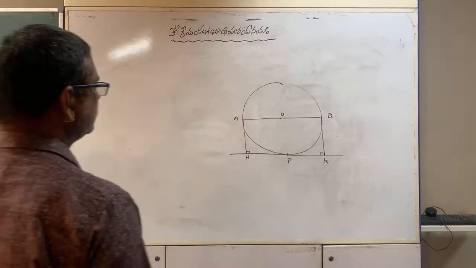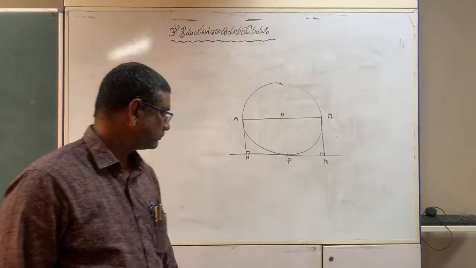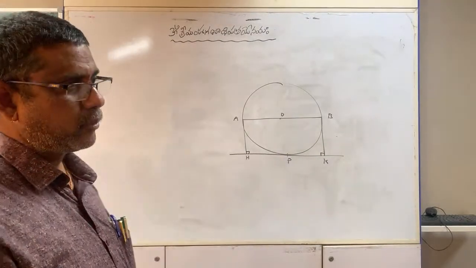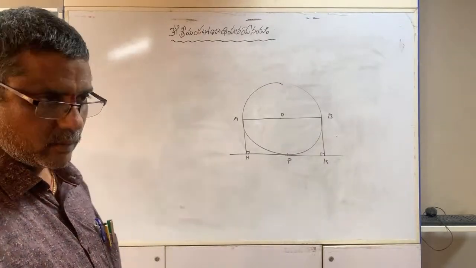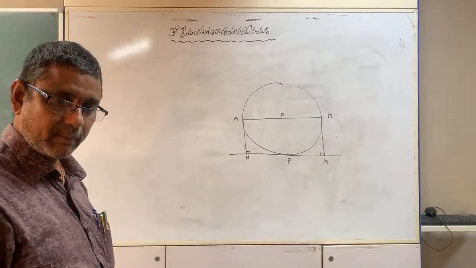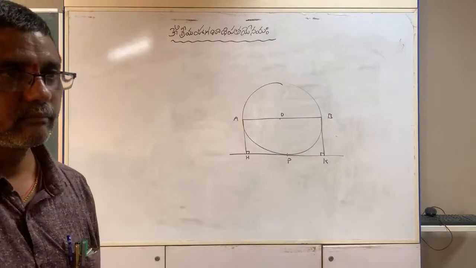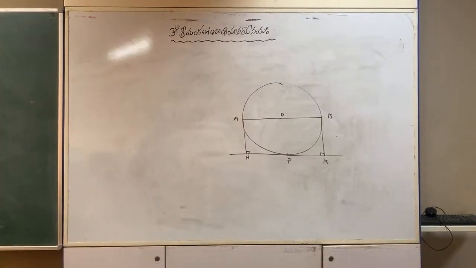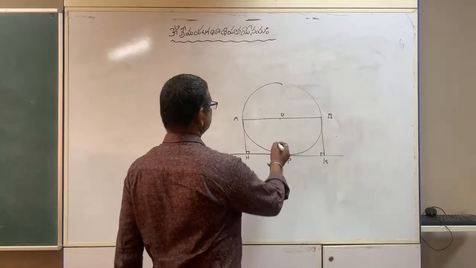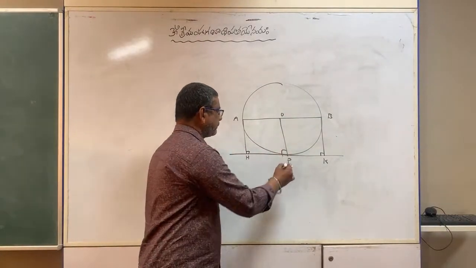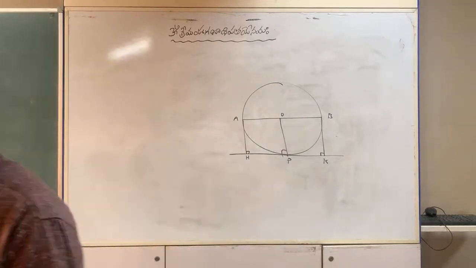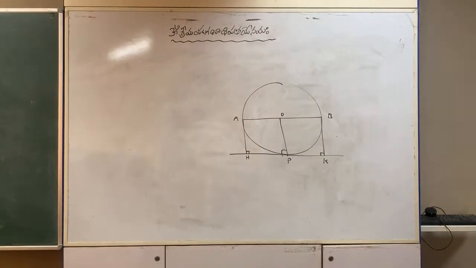Sir, OA and the... పోనీ టాంజెంట్స్ అనుకోండి, టాంజెంట్స్ రైట్. Sir, angle OAH is 90 degrees. Radius perpendicular to the tangent at the point of contact. జాయిన్ OP. Okay. So then right angle.